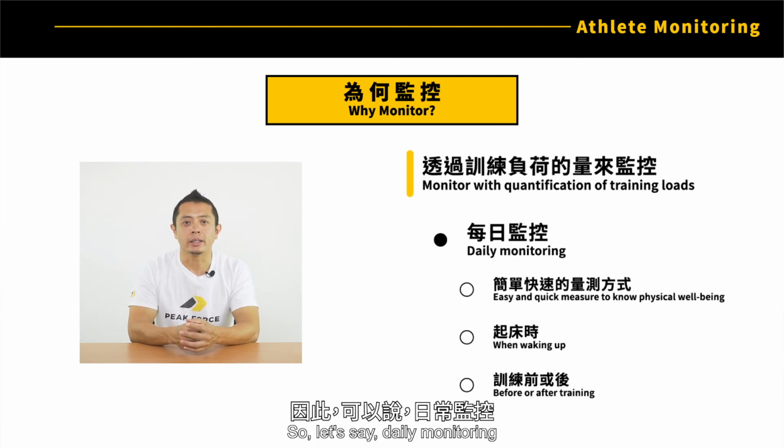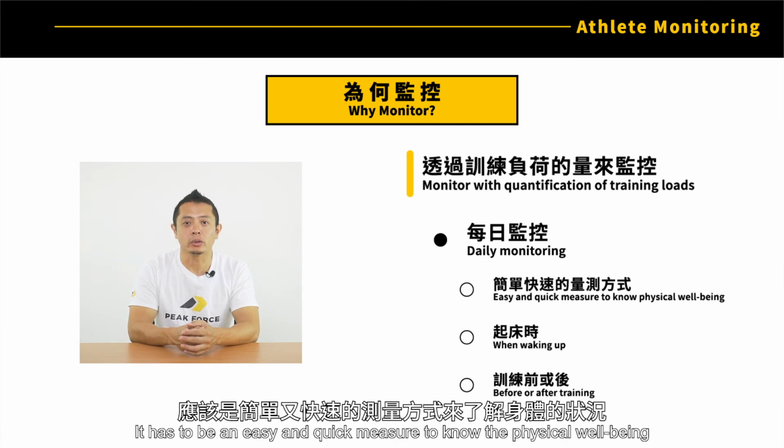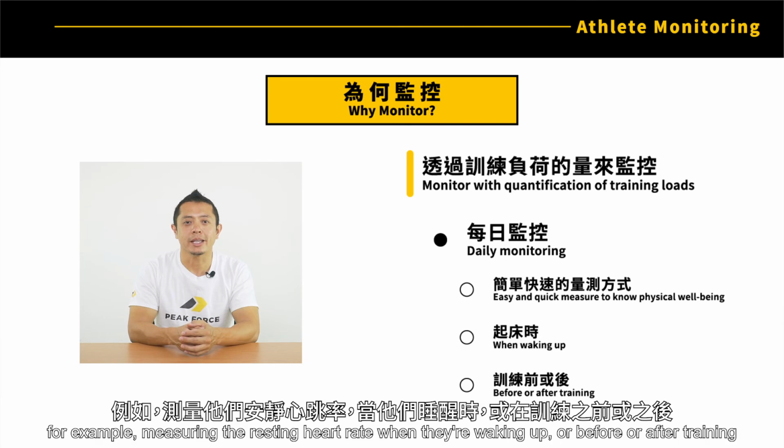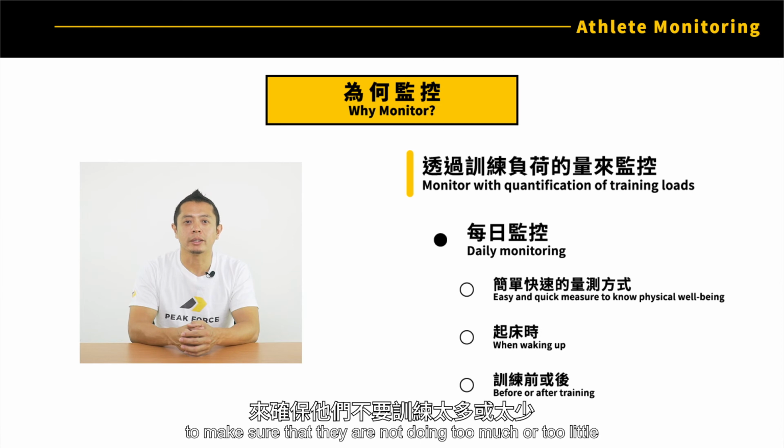So let's say daily monitoring. It has to be an easy and quick measure to know the physical well-being. For example, measuring the resting heart rate when they're waking up, or before or after training, we use a session RPE or a soreness chart to make sure that they're not doing too much or too little.